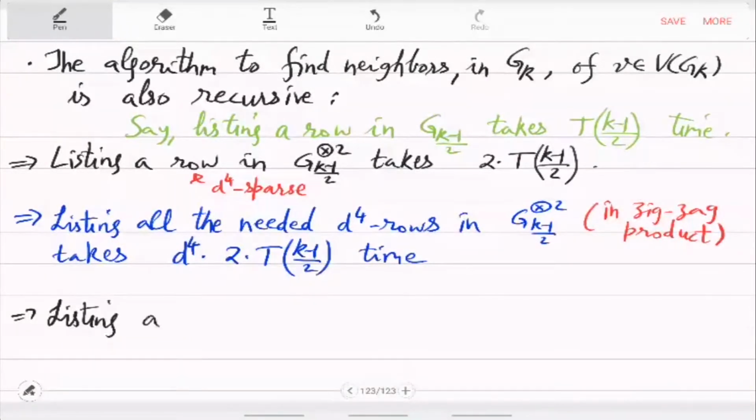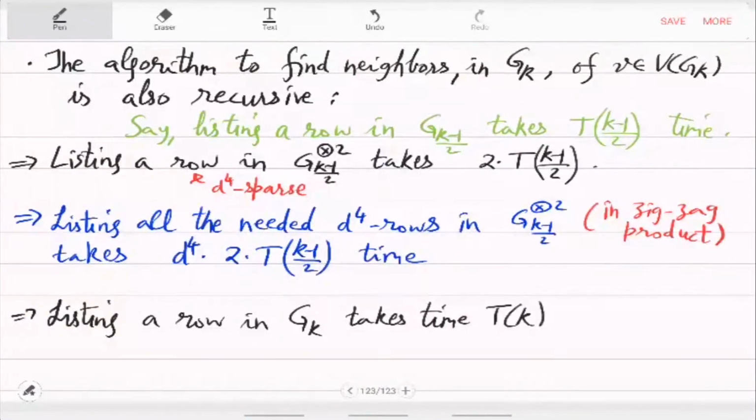So listing a row in Gk takes time tk, which we have just shown is big O of d raised to 4 times t_{k-1}.